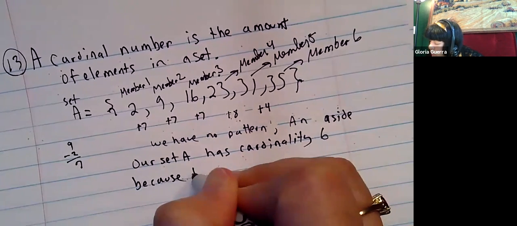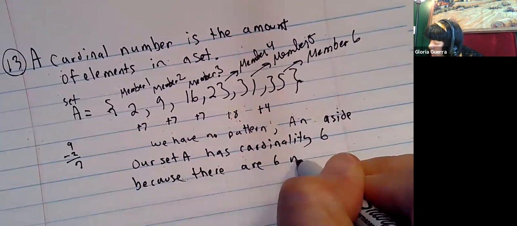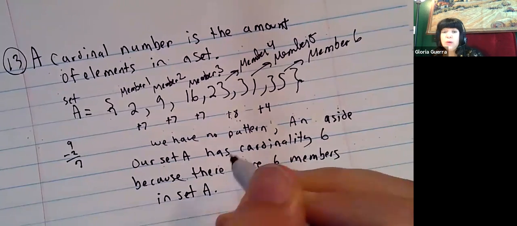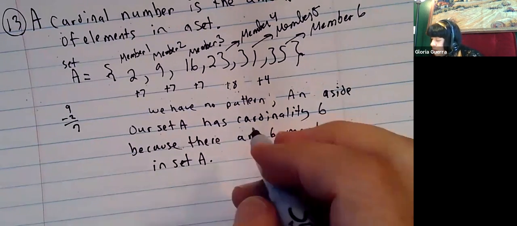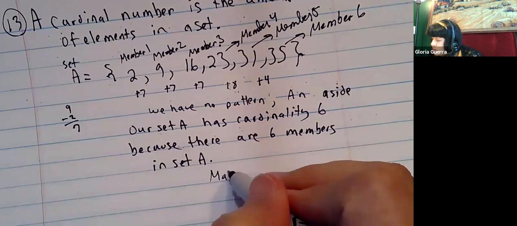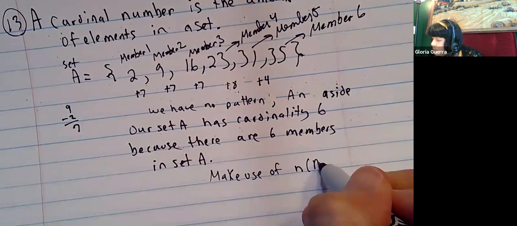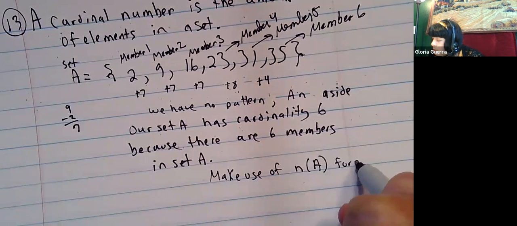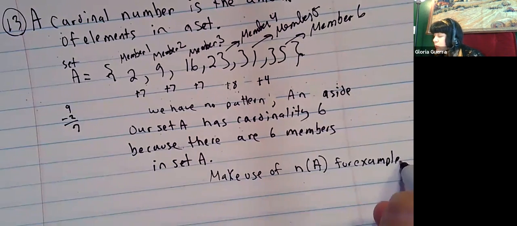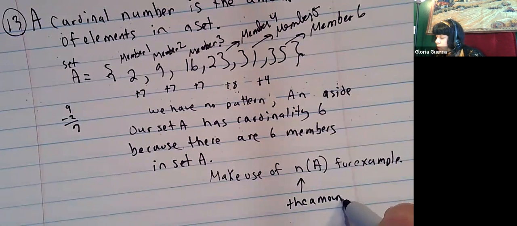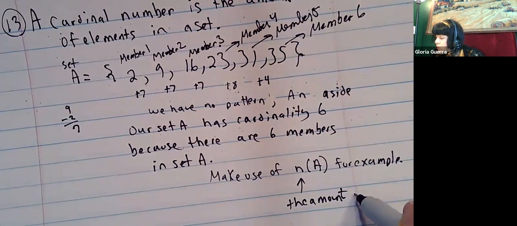Because there are 6 members in set A. And the way they write up cardinality is they make use of this notation, for example, where N stands for the amount, or this whole thing, the amount of members in a set.